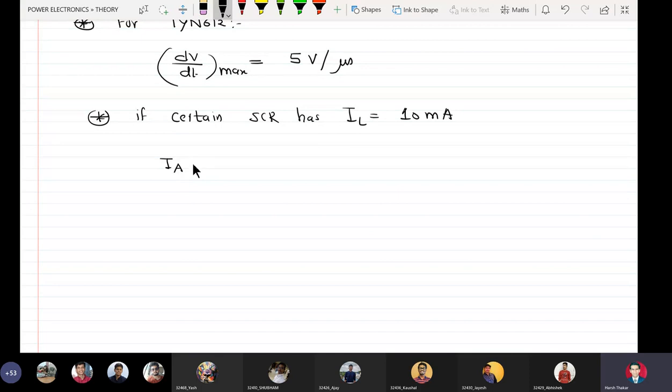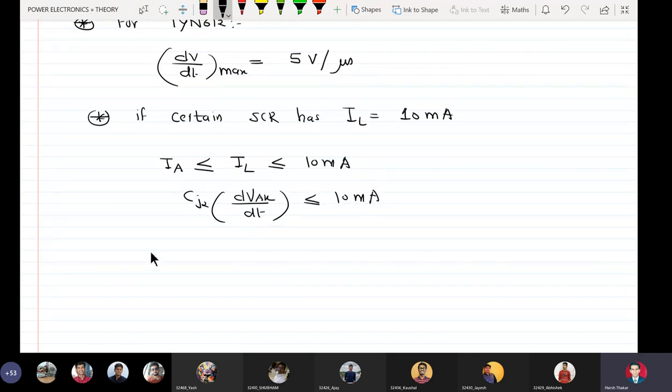Then IA should be less than or equal to IL, less than or equal to 10 milliamperes, and this IA is CJ2 into dVAK by dt, less than 10 milliamperes.